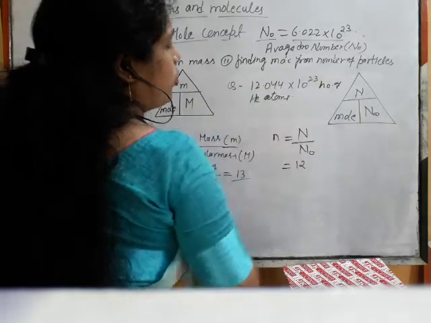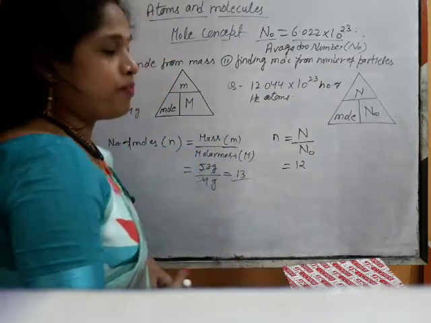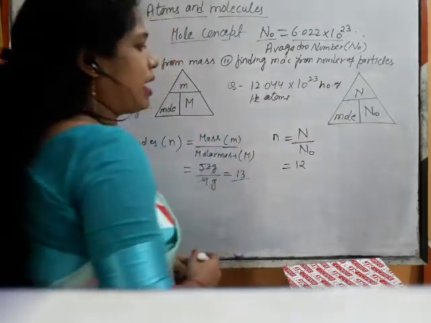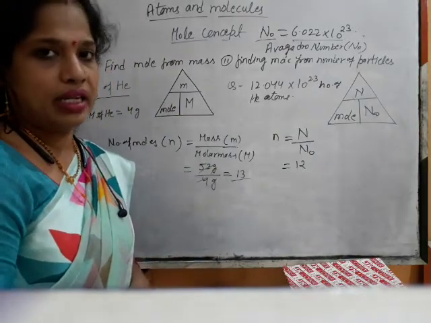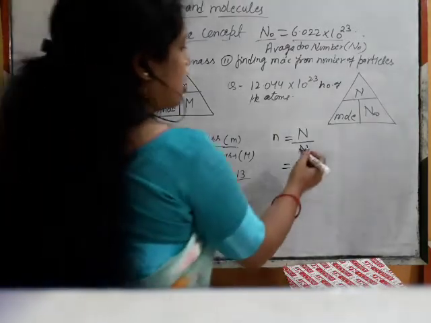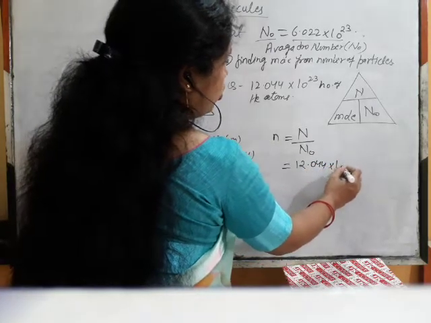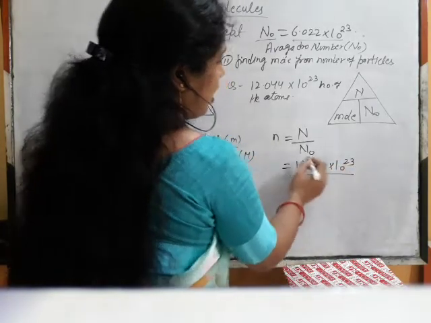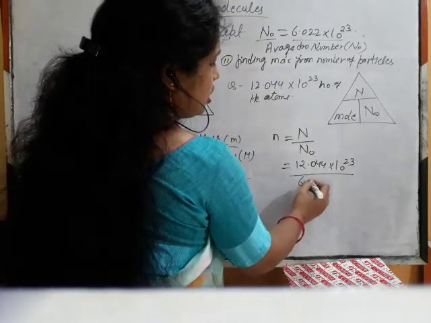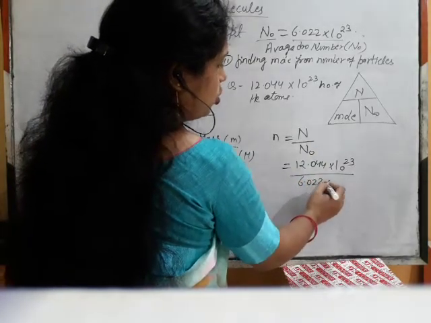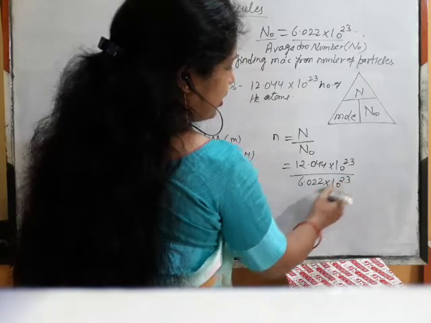The given number of particles is 12.044 into 10 raised to the power 23 helium atoms. Now, how many moles are present in these many helium atoms? So 12.044 into 10 raised to the power 23 upon the Avogadro number, 6.022 into 10 raised to the power 23.